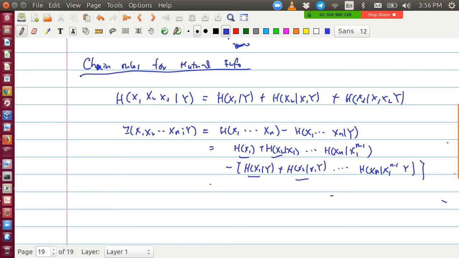Each of them will be a mutual information, right? So H(X1) minus H(X1 given Y) will be just I(X1; Y), and H(X2 given X1) minus H(X2 given X1, Y) is just I(X2; Y given X1).